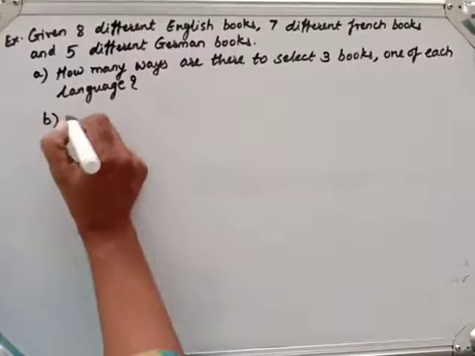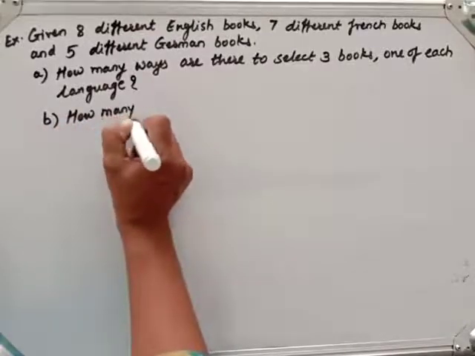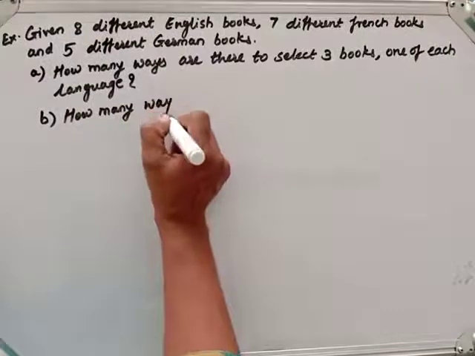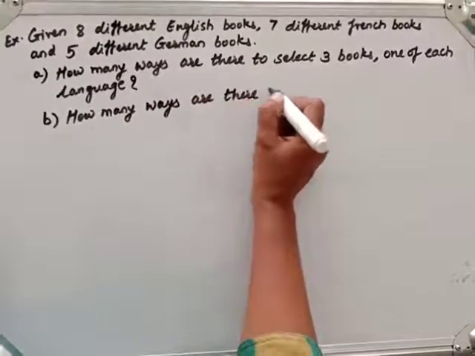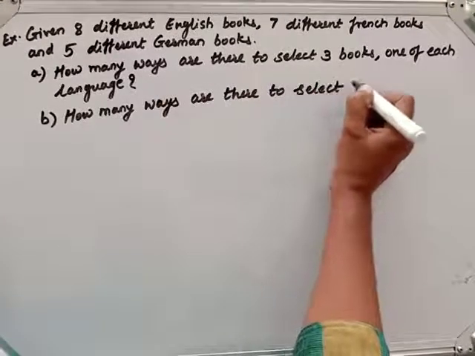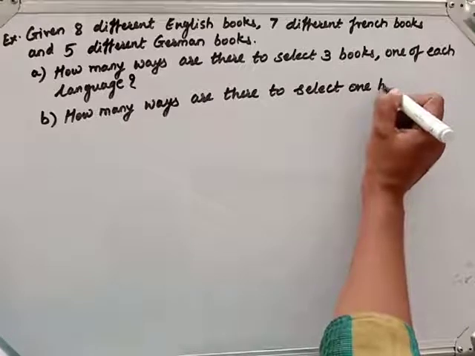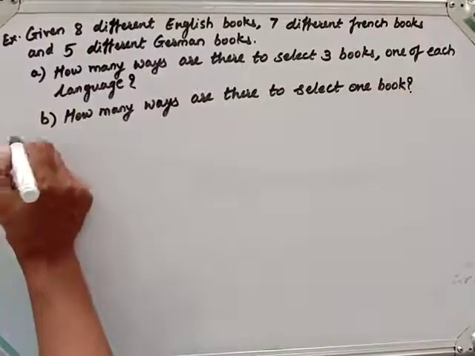And the second part, suppose how many ways are there to select one book.